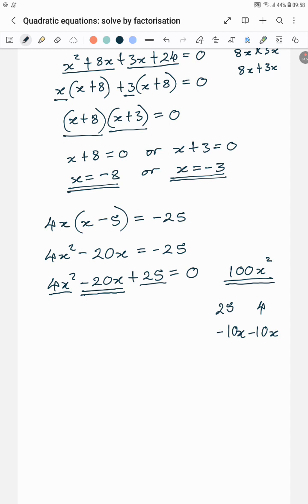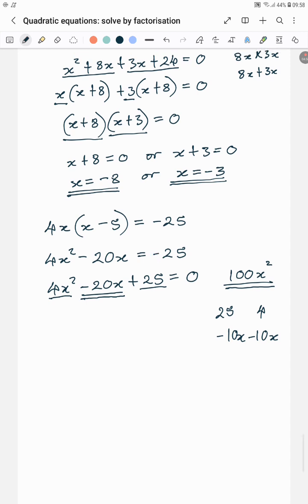So we substitute in our formula. We say 4x squared minus 10x minus 10x plus 25 is equal to 0.